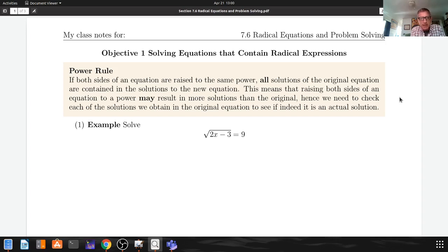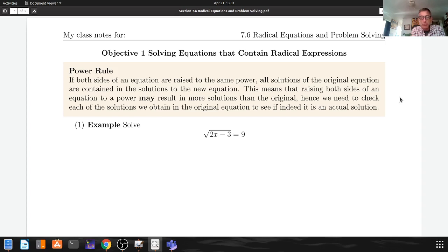So the power rule says, okay, that's fine. If you have an equation, you can square both sides, you can cube both sides, you can raise both sides to any power you want. But when you do so, any solution that is in the original equation is going to remain, but when you start squaring and cubing, you may get additional solutions.